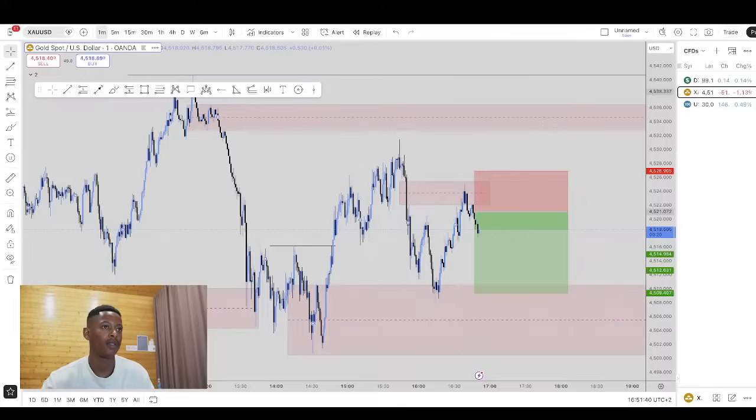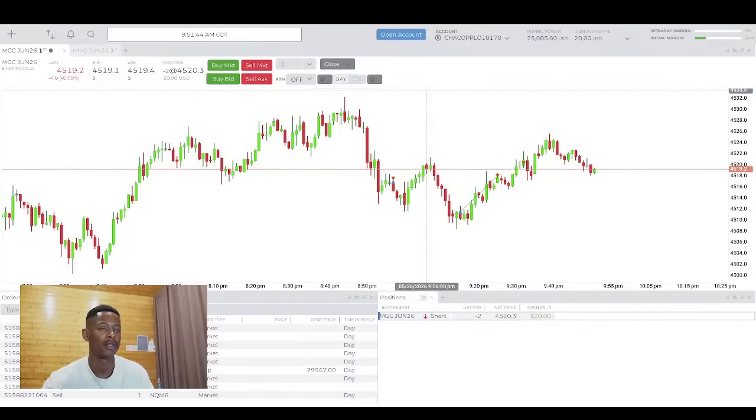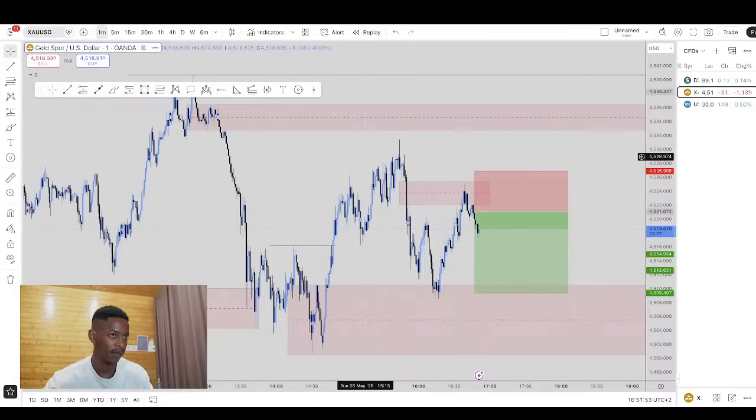Yeah, I'm already in on this gold sell. It's now running at a mini $20 profit. Let's see. So we have this area now, you see here, this area where we are. Hopefully we break below here.